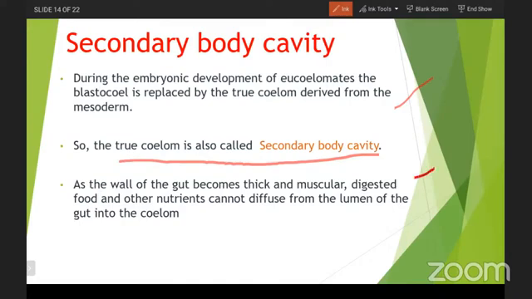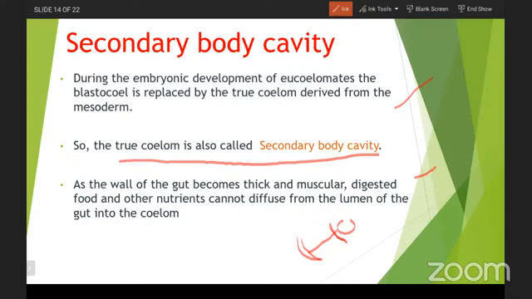So the digested food and other nutrients cannot diffuse from the lumen of the gut into the coelom. Actually, from the gut, the digested food has to reach the body wall region. But due to these epithelial layers covering the ectoderm side and endoderm side, it is somewhat thick in structure and muscular.